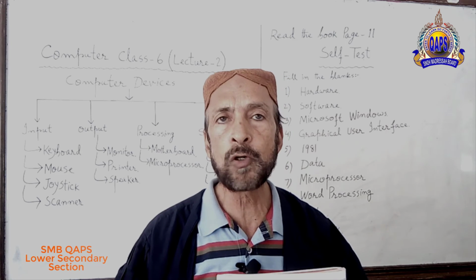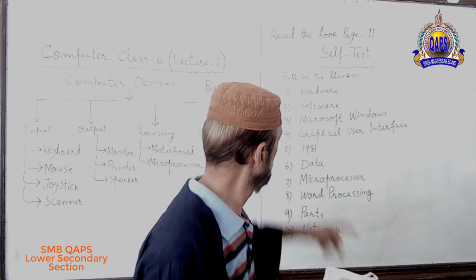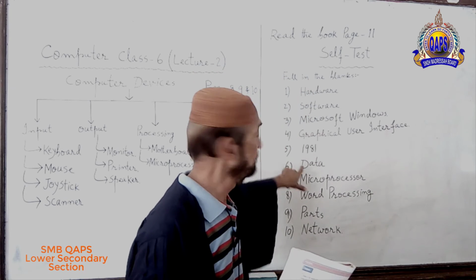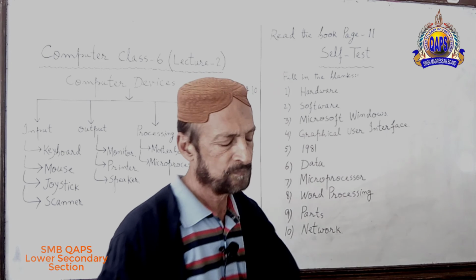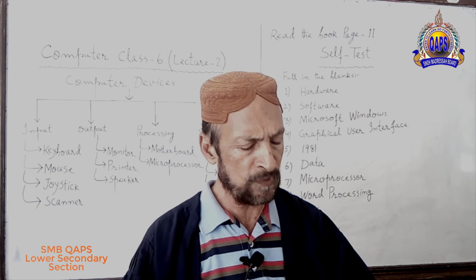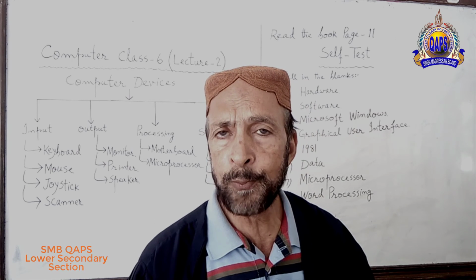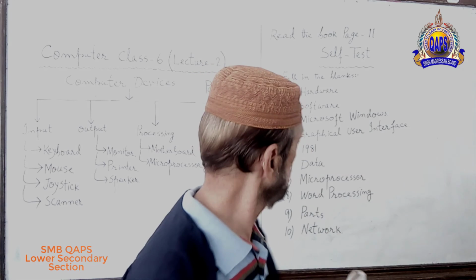Number 6. Input is also called data. Number 7. In a computer, the main processing device is microprocessor.